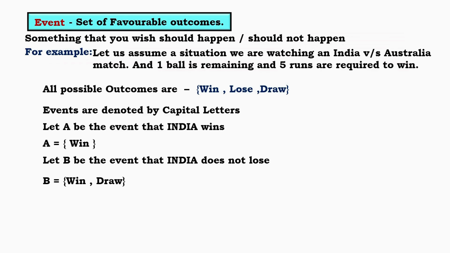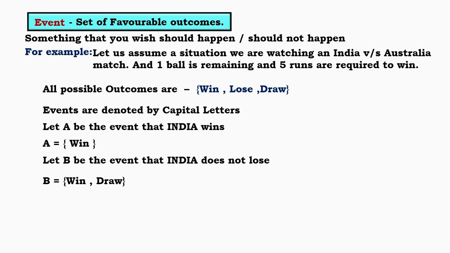I hope this is clear now. Whenever we talk about an event, event means the favorable outcomes. Here one event is that India will win. If the outcome is draw or lose, then India will not win, so the only criterion for winning is win.